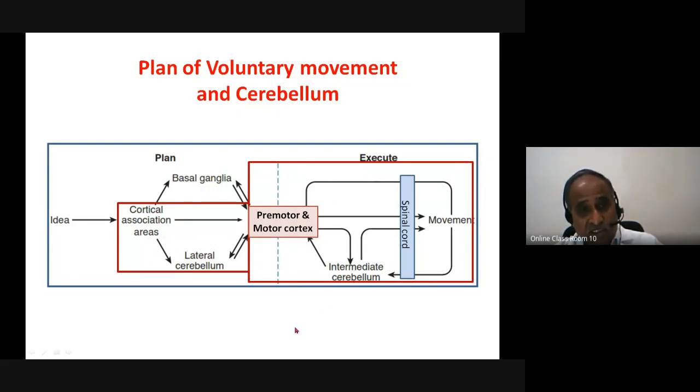So in terms of the voluntary movement, cerebellum has a greater involvement in regulating our movements, whereas basal ganglia is only involved in the planning and programming and certain other cognitive components. Though both are important, in the area of involvement of the cerebellum, you have the lateral cerebellum here, you have the spinocerebellum and vestibular cerebellum here. Okay, so this is where the cerebellum stands in the voluntary movement.